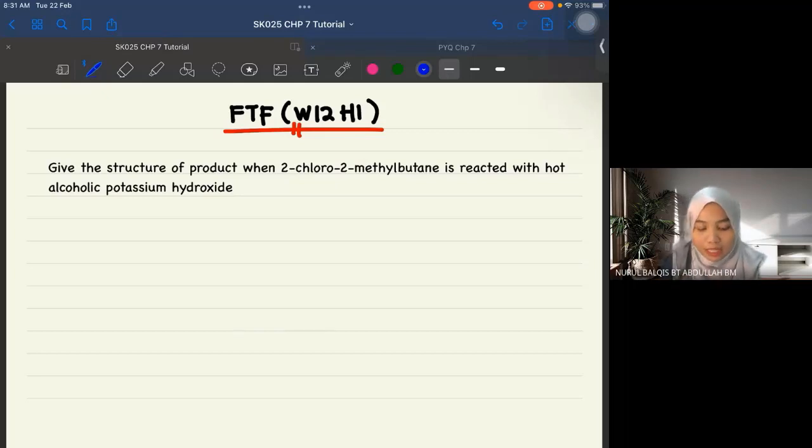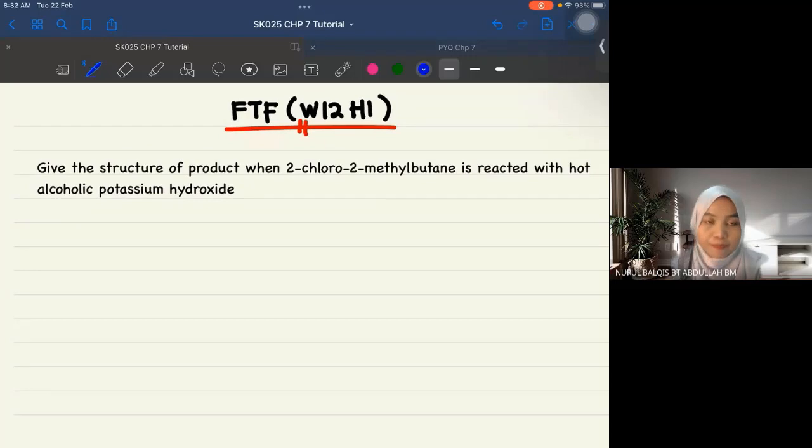This one, boleh tak bagi tahu saya from this question dekat dalam screen ni, okay, untuk fourth hour, face to face. These reactions belong to which reaction? Reaction ni type of reaction. Give the structure of the product when 2-chloro-2-methyl-butane is reacted with hot alcoholic potassium hydroxide.